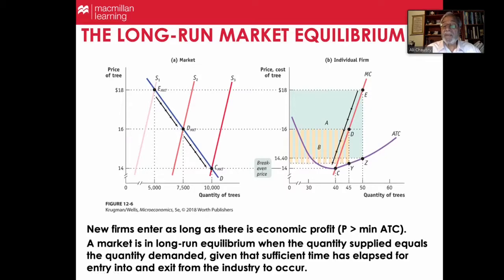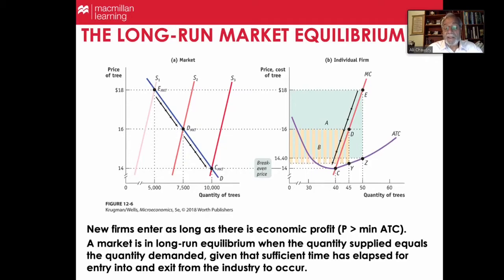That is the break-even price. But if you go even below that, that is where the average variable cost is at its minimum. That's where you actually shut down. So the basic notion is that as long as the price is above the minimum average total cost, in the long run equilibrium, people would supply the quantity being demanded, and the market will expand.